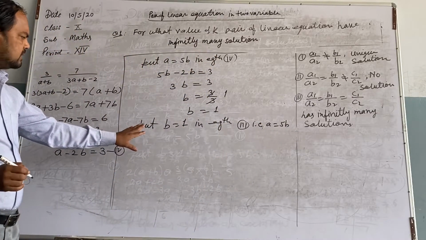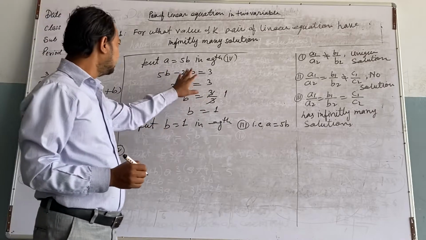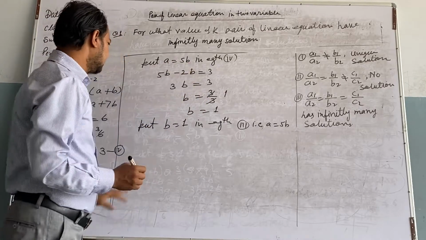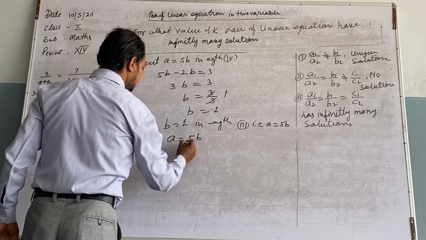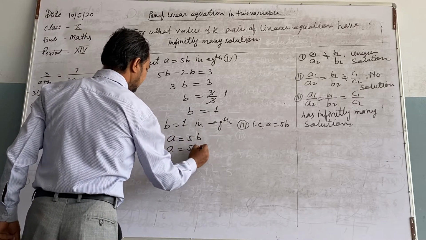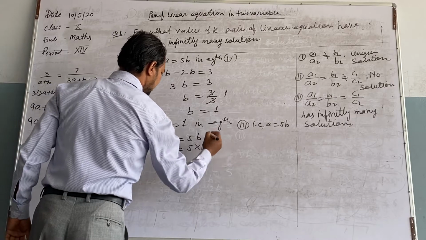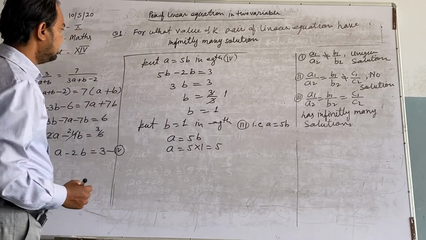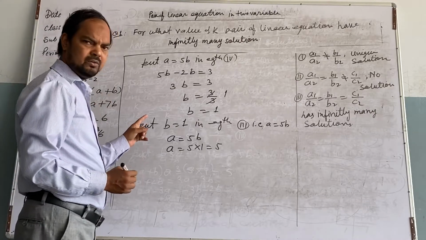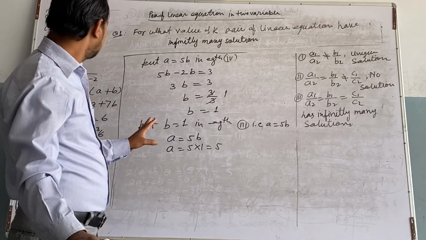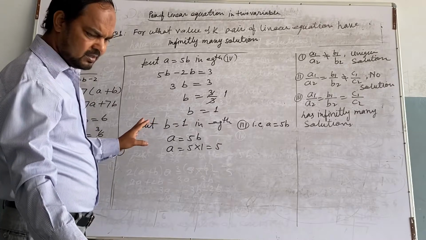The value of b should be put in equation number 3rd, that is a equal to 5b. So we will get a equal to 5 into 1, it is 5, right? In this way we find the value of b equal to 1 and a equal to 5.